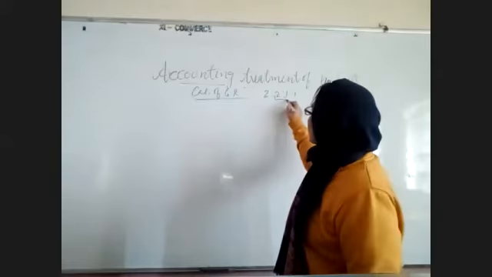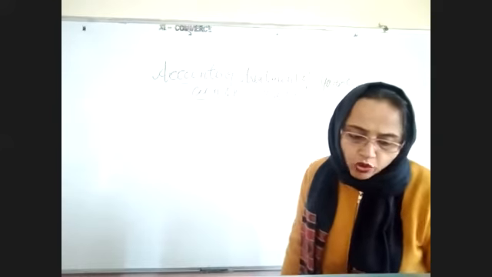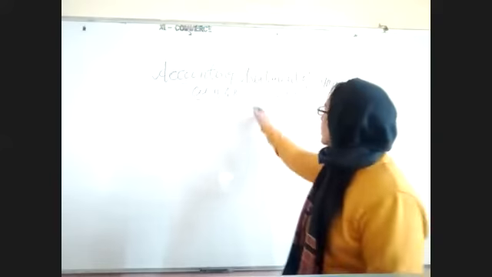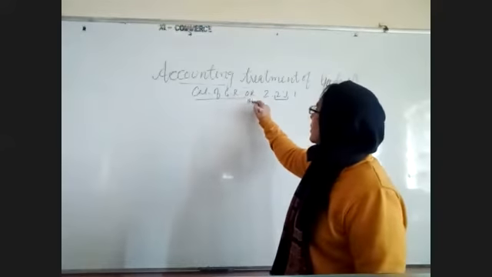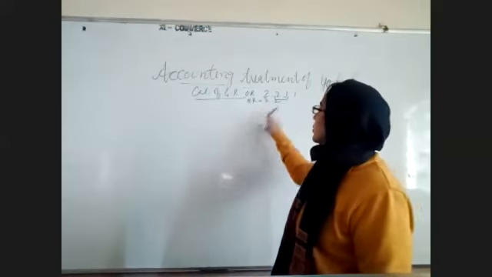These two partners are retiring. Okay. And the new ratio of Apurva and Saloni is 3:2. This is the new ratio.